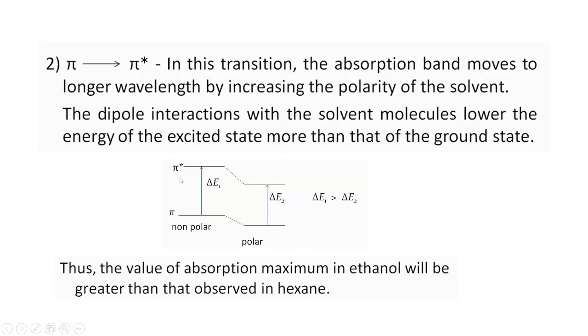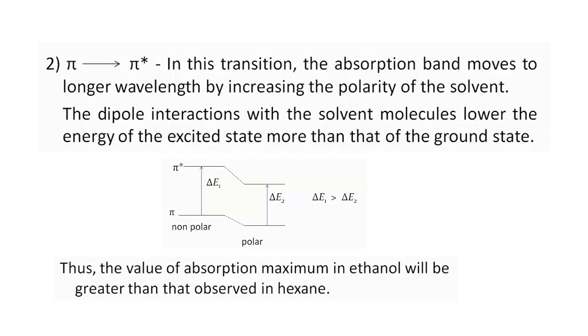And the other effect, pi to pi star transition in alpha beta unsaturated compounds. In this transition, the absorption band moves to a longer wavelength by increasing the polarity of the solvent. In a nonpolar solvent, the alpha beta unsaturated carbonyl compound has a pi to pi star transition energy delta E1.